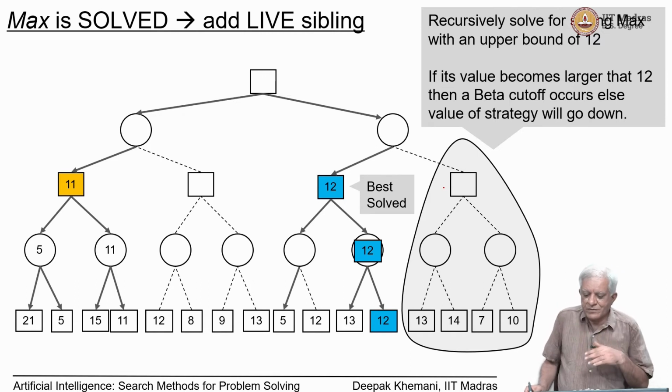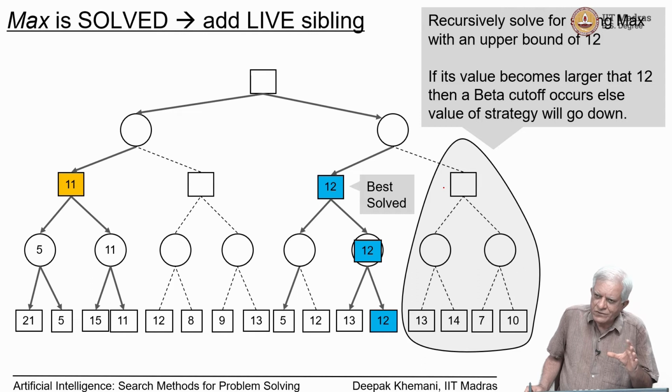If its value becomes lower than 12, then we have to see whether it is still the best or not, and based on that we will decide which one to refine further. So, the basic point is that we want to do a recursive call to this SSS algorithm with a max node, which is the sibling of the best solved max node.